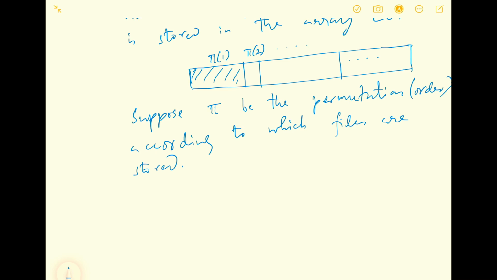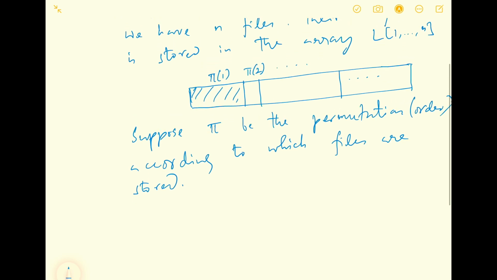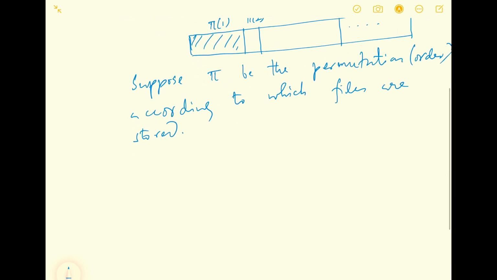So just for concreteness, let's first ensure that all of us have understood. Suppose this length array is: the first file length is 7, second file length is 2, and third file length is say 5.